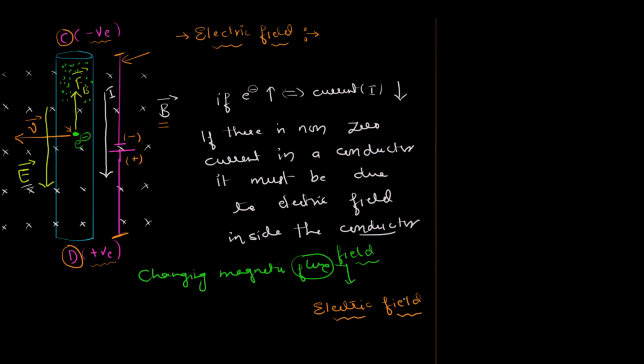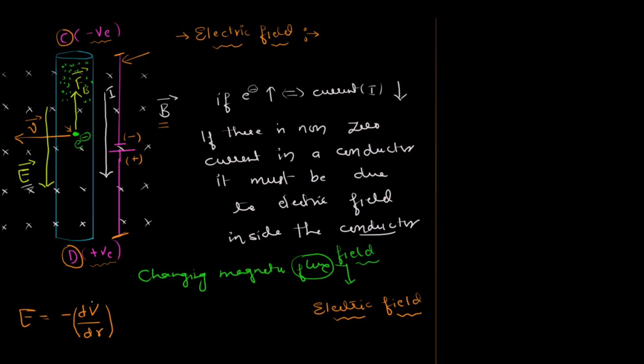Yes, you could. A less deep statement of the production of electric field would be: since there was a potential difference, there is electric field, because we already know that electric field E can be written as minus dV by dr. So basically potential gradient is nothing but electric field.